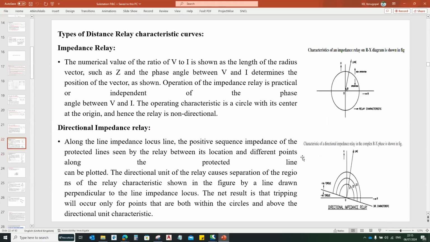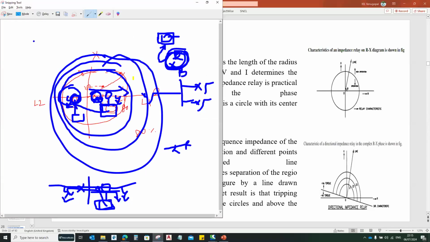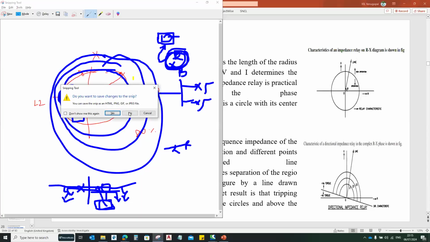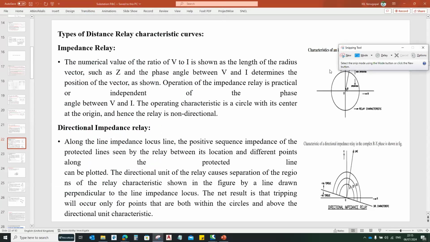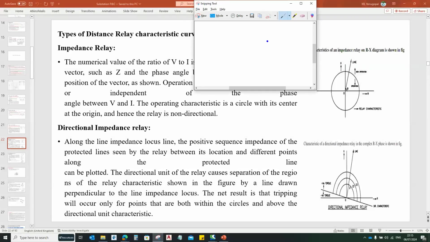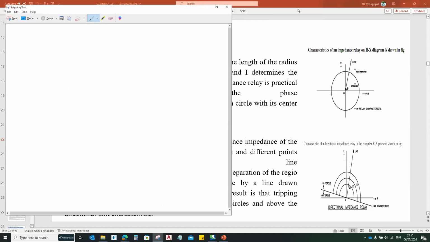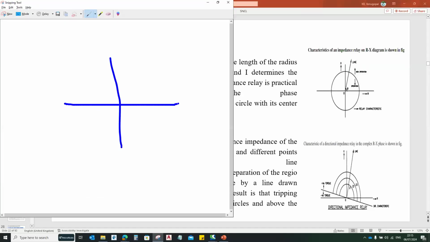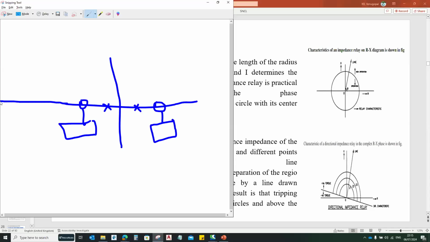Sir, I have one doubt. Then which relay will operate in this opposite direction case? One second. As I told, let me remove this. Let us assume your circuit breaker is here, with a CT and an impedance relay here, and a CT and an impedance relay here. Now let us assume the fault is here.